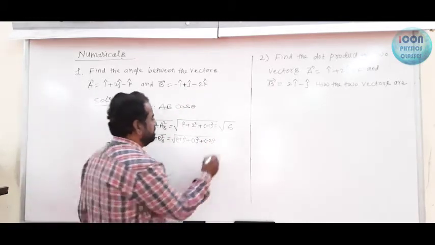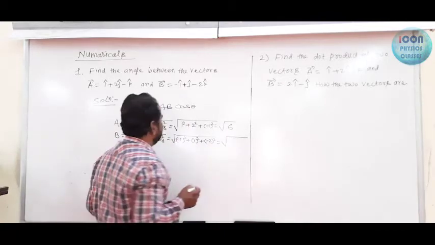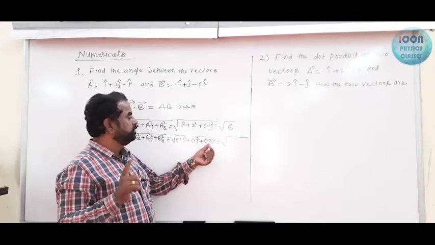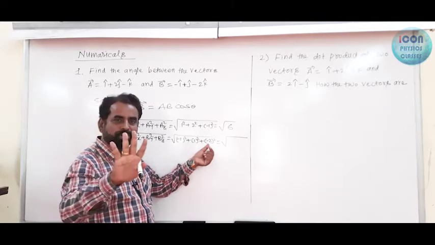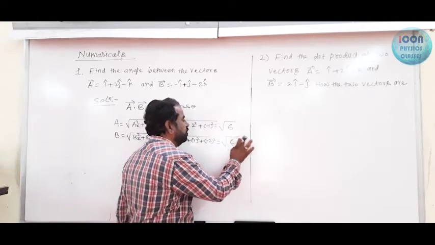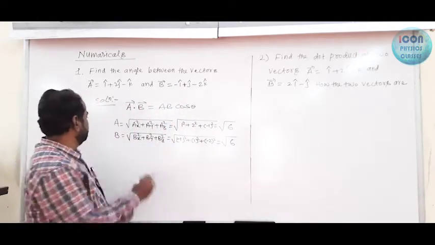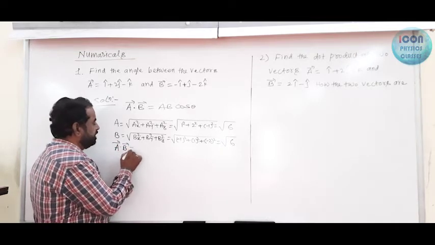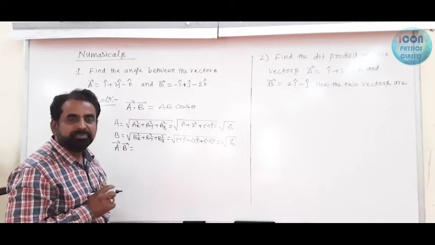Orally calculate: minus 1 square is 1, 1 square is 1, minus 2 square is 4, 4 plus 1 plus 1, that is again root 6. Then A dot B, what is the formula?